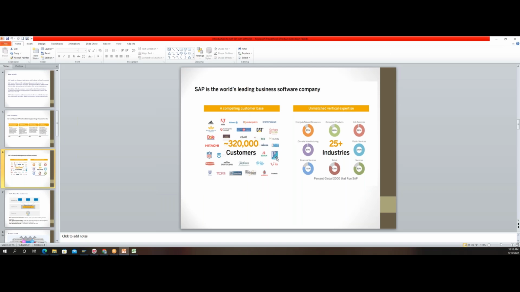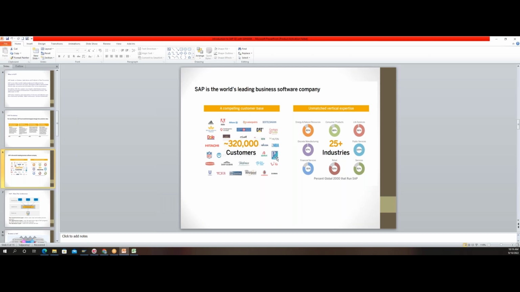So the concept of selling the products, the concept of producing the products, the shelf life of the product is absolutely different when we compare the companies or the industries. All right, so that is how it works. So SAP has the capability to cater to all these 25 plus different industries.